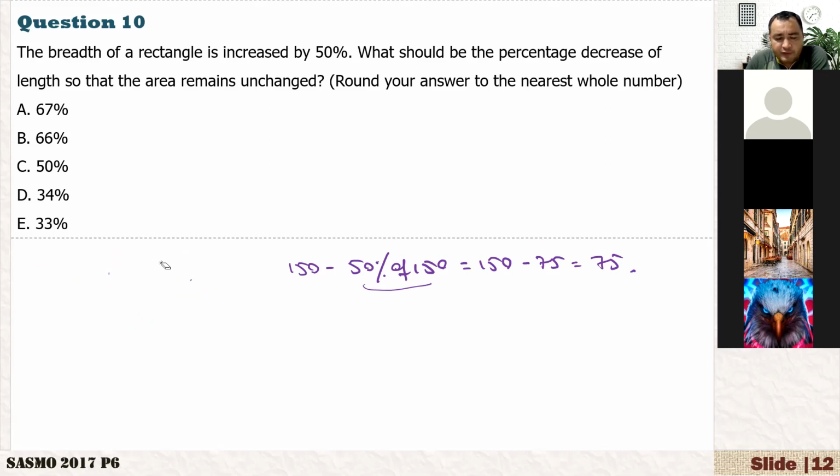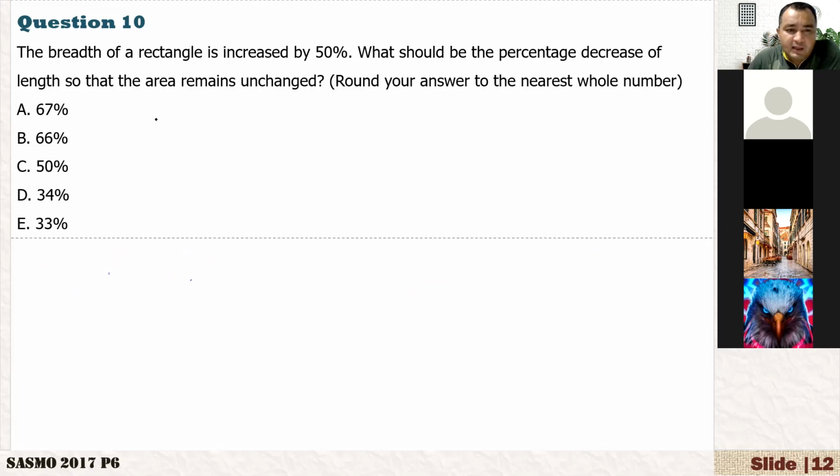let's do this together. I will do this in a different way. So again, we are talking about any rectangle. Let's say this is our original rectangle. Since it can be any rectangle, I can use any number to represent its length and width.